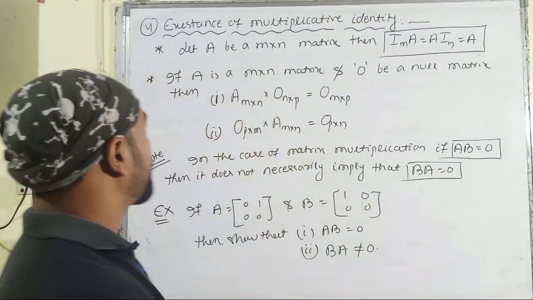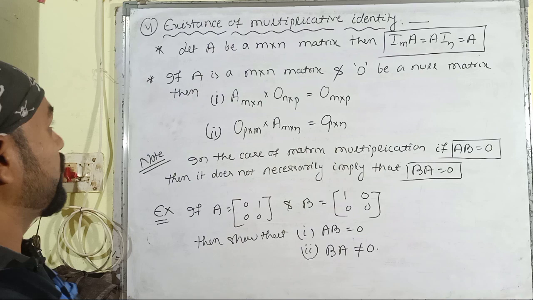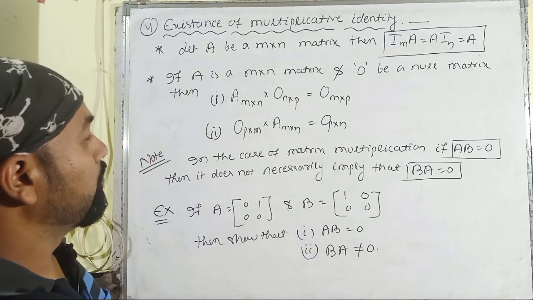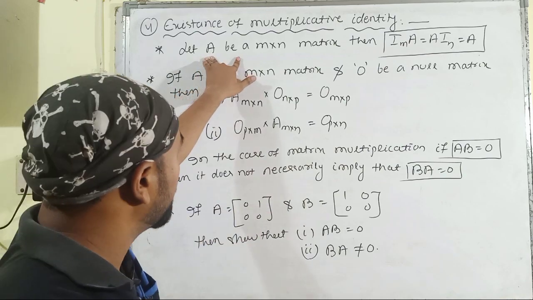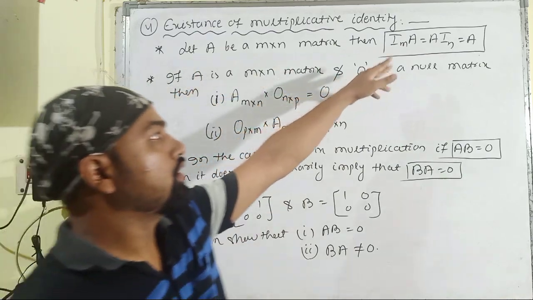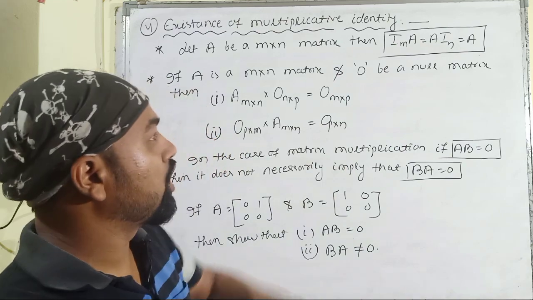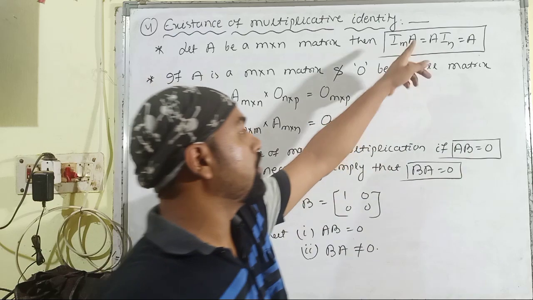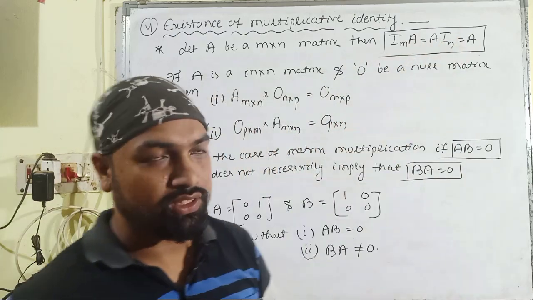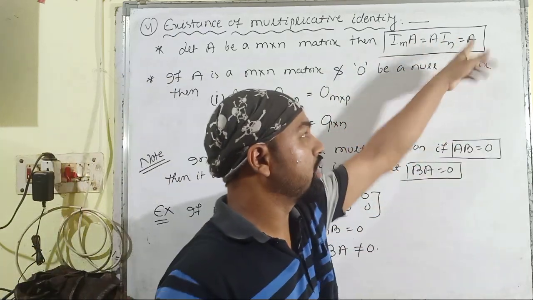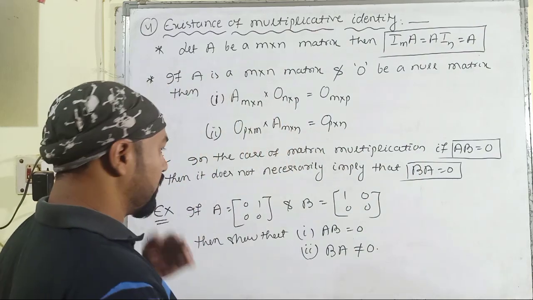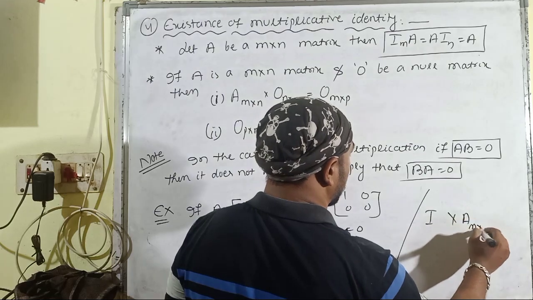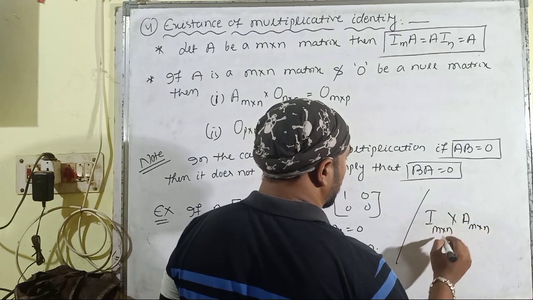So here these are the last two properties of matrix multiplication. The first one is the existence of the multiplicative identity. Let us consider I as the identity matrix and A be any matrix of order m cross n. Then the multiplication of the identity matrix with the given matrix A is equal to the multiplication of A with the identity matrix I, and gives the same result A. But in the first case, I is a matrix of order m cross m.